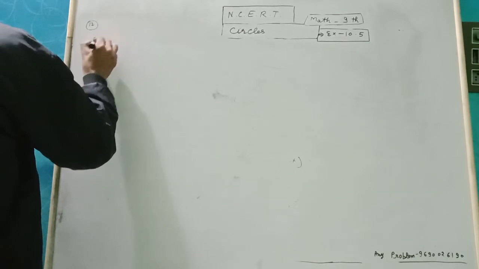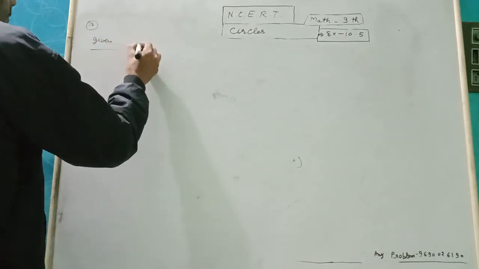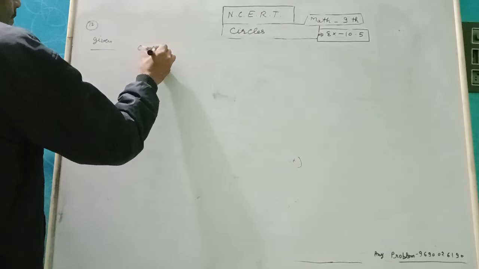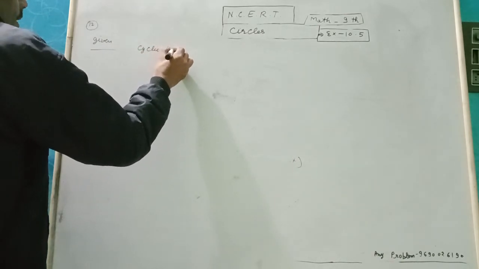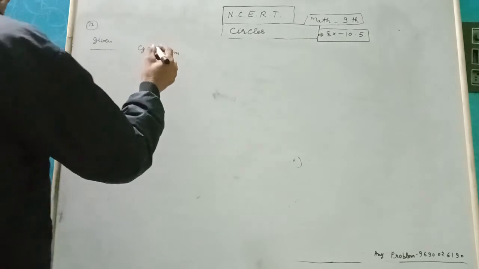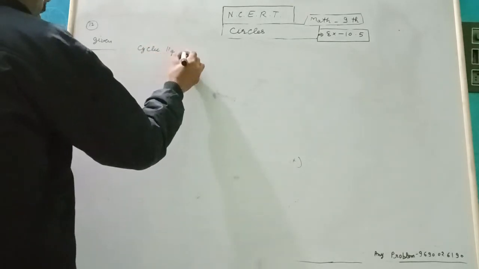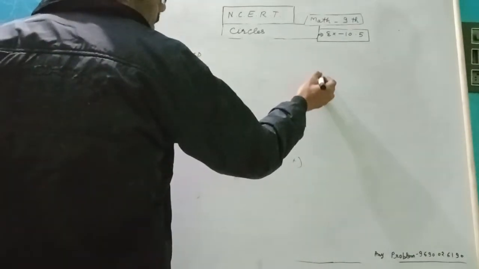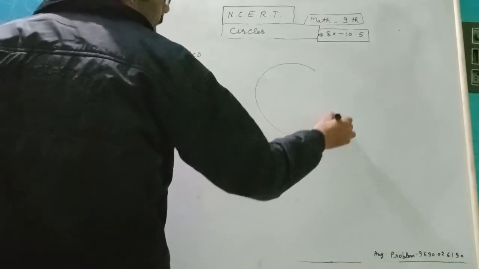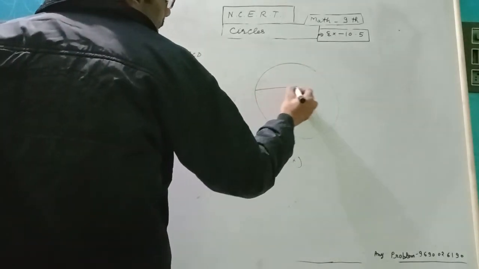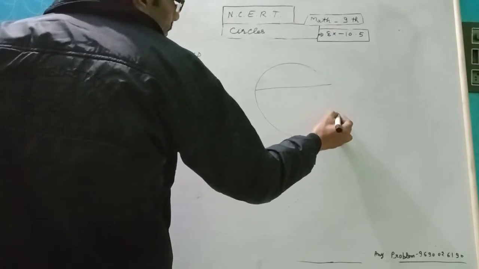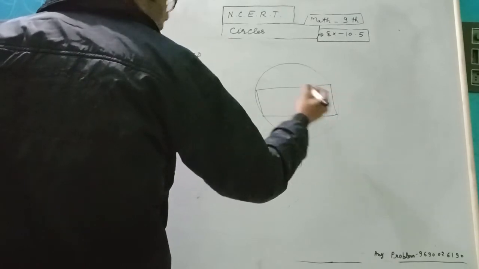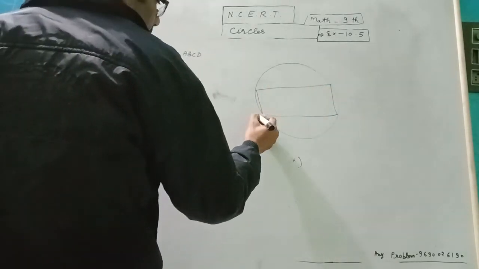At first write the given: cyclic parallelogram ABCD, that is, a circle with parallelogram ABCD.